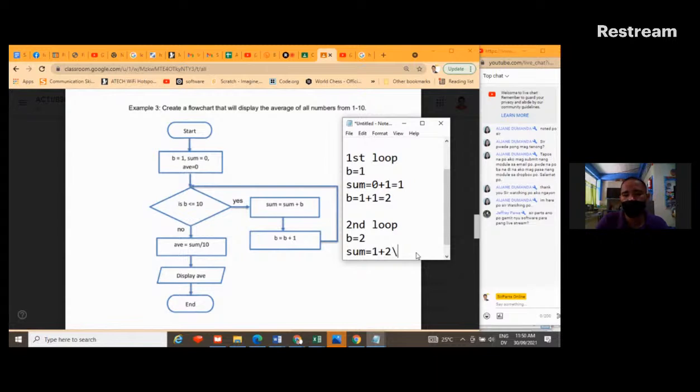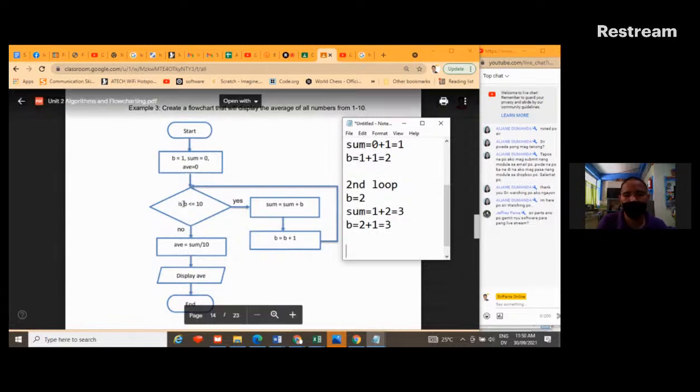So that is equivalent to 3, right? And B equals our new value of B, which is 2 plus 1, B now is equivalent to 3. Okay?